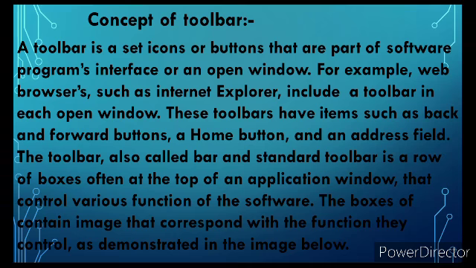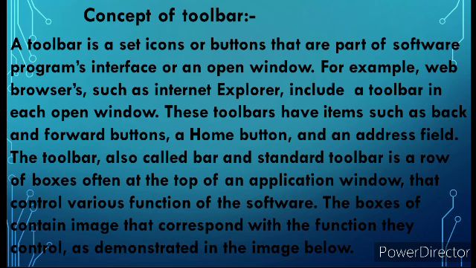The toolbar, also called a bar and standard toolbar, is a row of boxes often at the top of an application window that control various functions of the software. The boxes contain images that correspond with the function they control, as demonstrated in the image below.